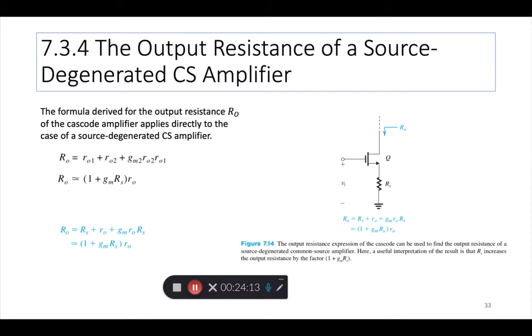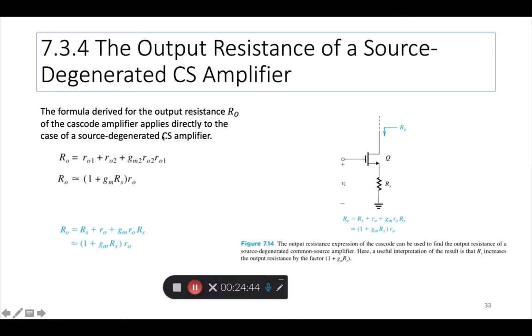Okay, here's one more interesting topic which is not directly related to the cascoding business, but it's in the flow. It's 7.3.4. So let's spend some time on this too. The formula derived for the output resistance RO of the cascode amplifier applies directly to the case of a source degenerated CS amplifier.